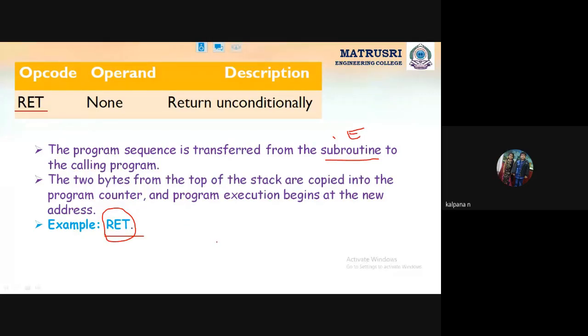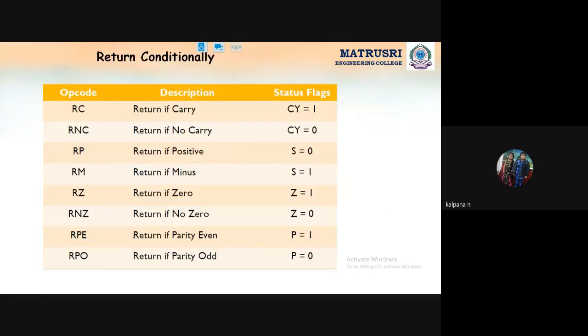With what instruction should we call the subprogram? We call the subprogram using CALL. After execution of the subroutine, to come back to the main program we use RET. No operand, RET directly.